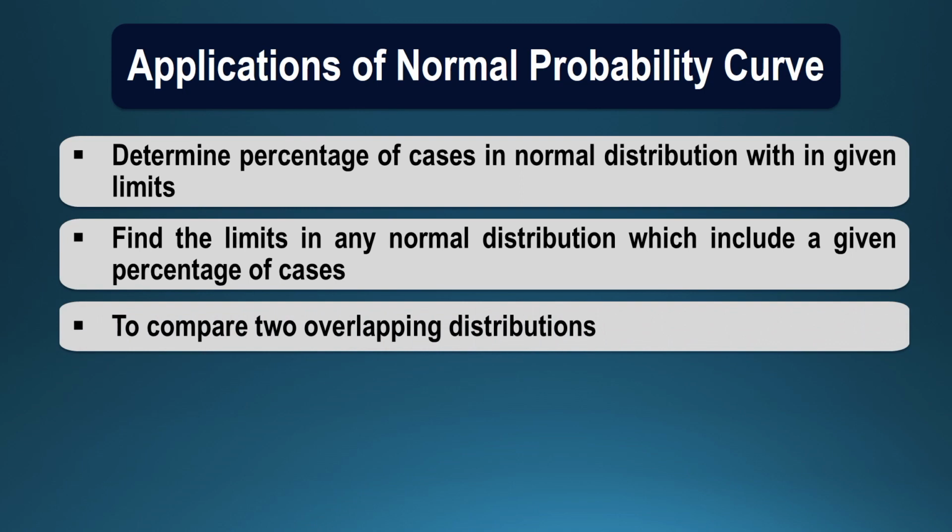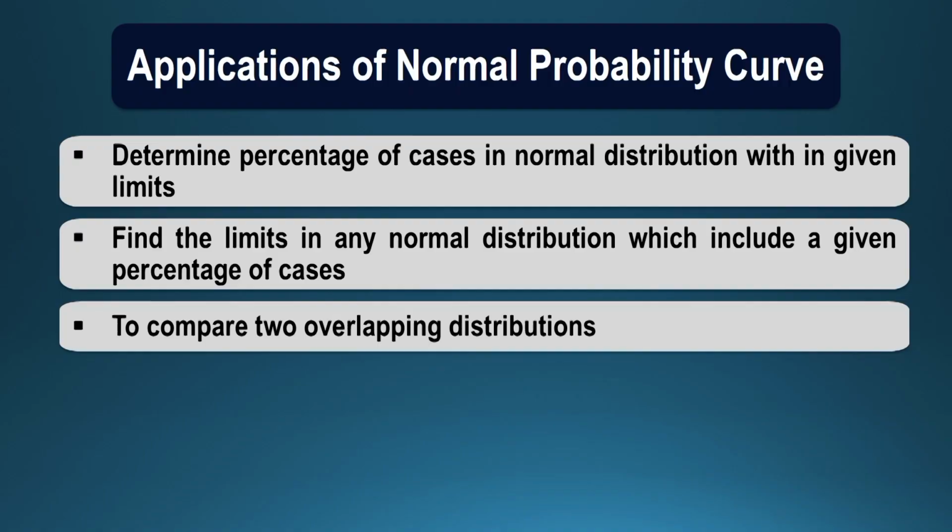If you are interested in comparing two score distributions which are overlapping, say boys and girls who have shown a performance on a particular test, and you have a large sample of boys and girls, you would like to find out how many boys actually outperformed the average performance of girls. Or in other words, how many girls outperformed the average of the boys, you can use normal probability curve and find out the number of cases.